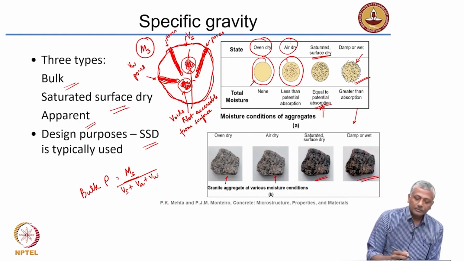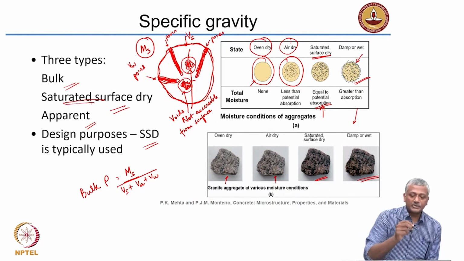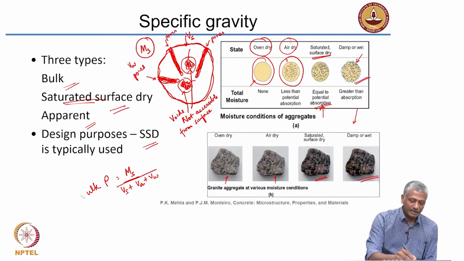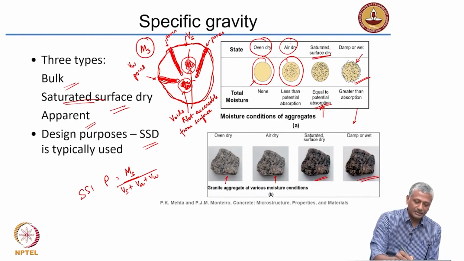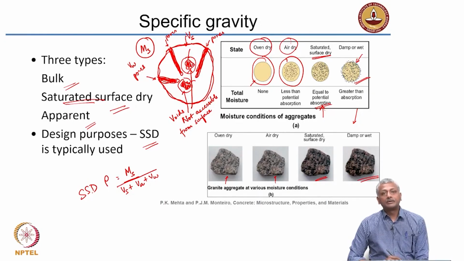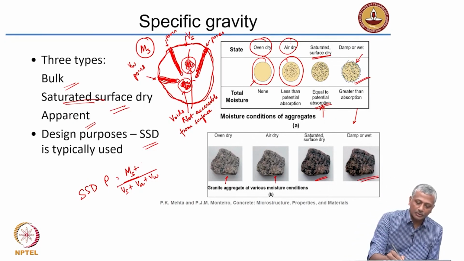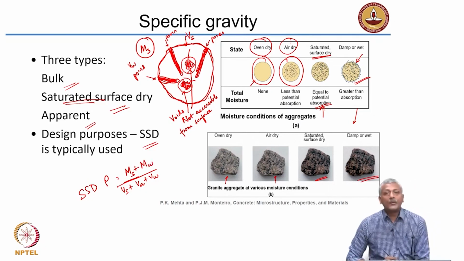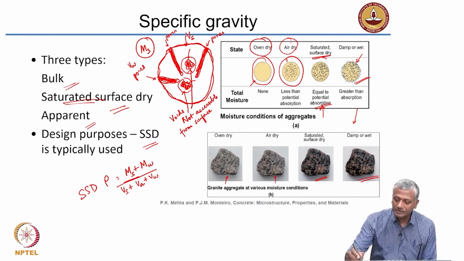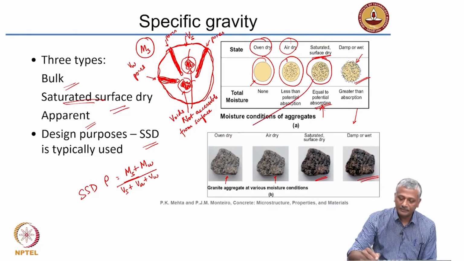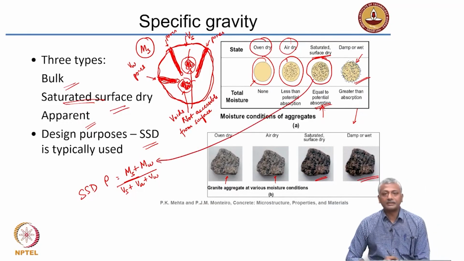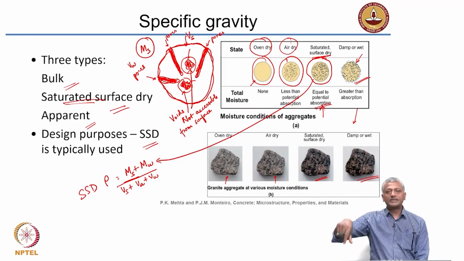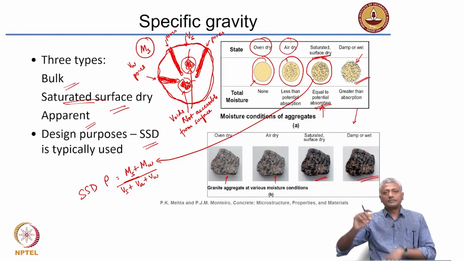Okay. Now, what is then saturated surface dry density? So, if I have to do SSD density, the denominator remains the same, total volume. The numerator alone changes to wet mass. That means the mass of the saturated surface dry aggregate. So, you take an aggregate, put it inside water for 24 hours, take it out, wipe the surface dry and measure the mass.